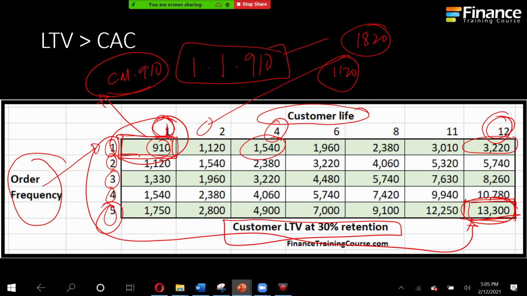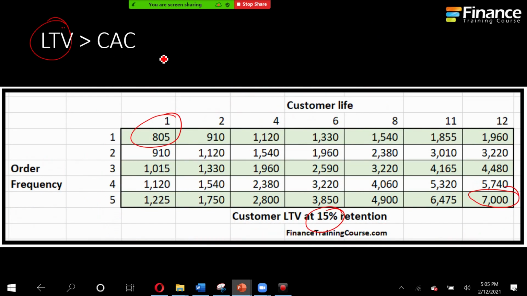So if I bring this back here, we're saying if length of relationship is 10 years, in Maya's case, and order frequency is 2 orders per year, and the contribution margin is 900 rupees per order, and the probability of retention is 30%.